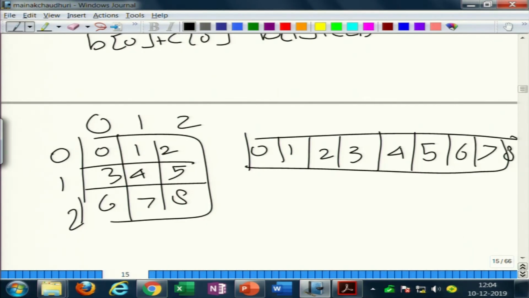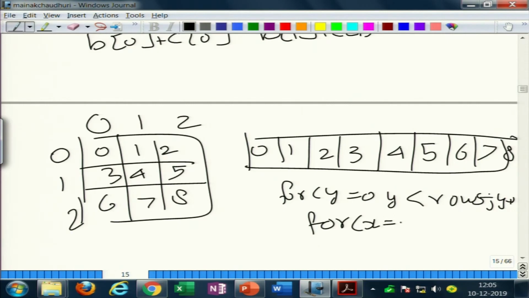Okay? Are you getting this? Converting from 2 dimensions to 1 dimension values. What is the formula if I had a for loop for y equal to 0, y is less than rows, y plus plus, and then the next loop for x equal to 0, x is less than the number of columns, x plus plus? What is the formula I am going to use to get a single dimension here? What is the formula?